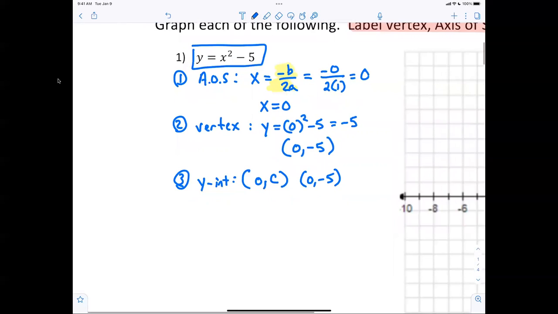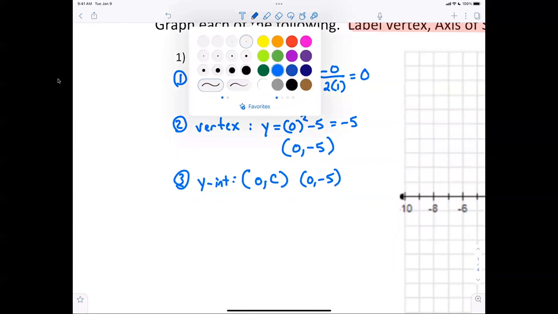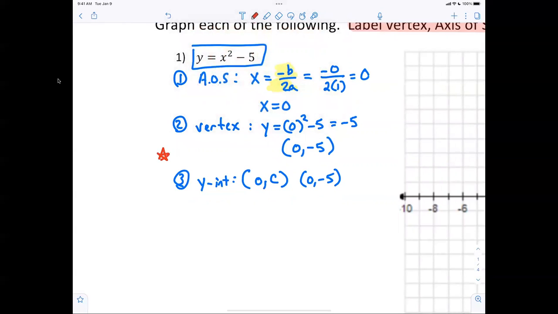Now put a little star right here and say we have a slight problem. The problem is that our y-intercept and our vertex are the same. So it's going to be hard to graph if the vertex and the y-intercept are the same.